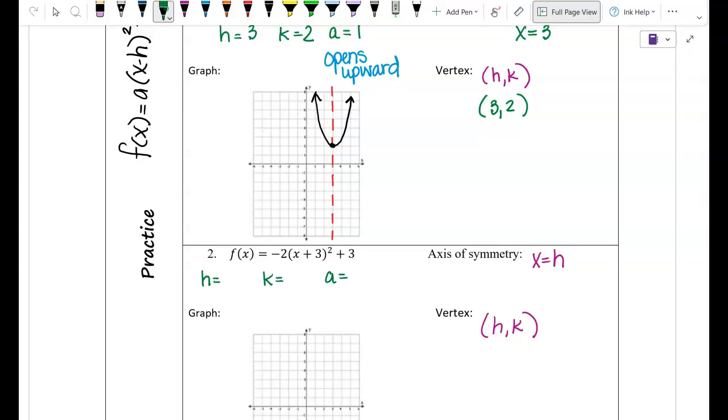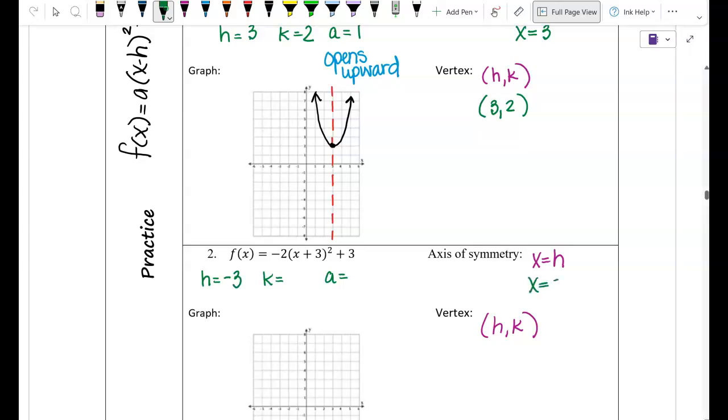So what would be my value of h based on this equation? It's going to be negative 3 because it's plus 3. If it says x minus 3, then h is positive 3. When it says x plus 3, that means we put a negative in and it ended up with that double negative. So in this case, h is going to be negative 3.